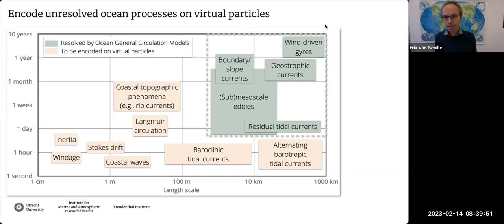Now, this is my pipe dream, if you want, my future, what I want to build in my team. I can do this in ocean general circulation models, but of course I would be even happier if I could do this in remote sensed surface velocity products. And that is where I hope that in the coming years we can really see progress.